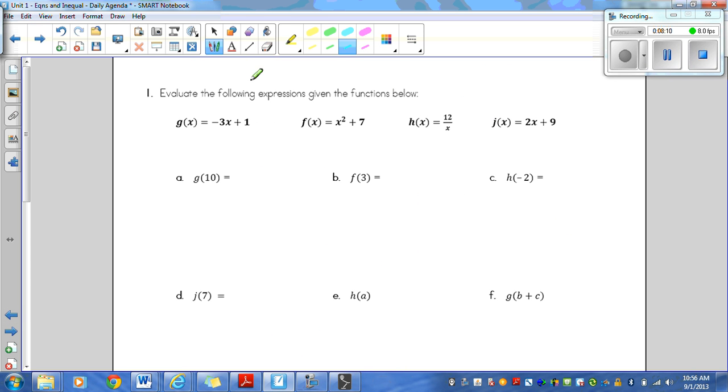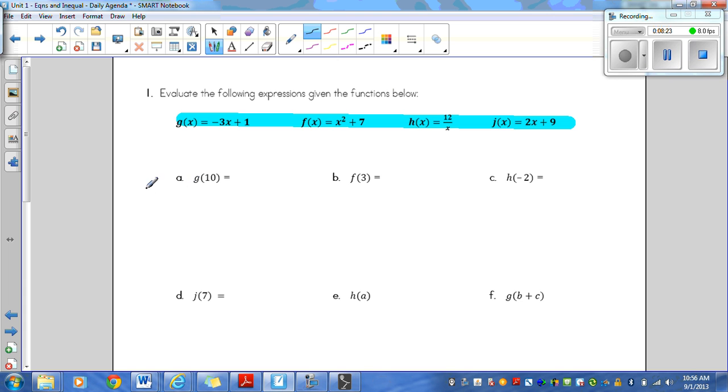Here are a couple of functions that we're going to use on this whole page. So every time you don't know where I'm getting something, look above so you can see where I got the function from. For example, g of 10 is really g of x equals negative 3x plus 1. That's where I'm getting that from, directly above.